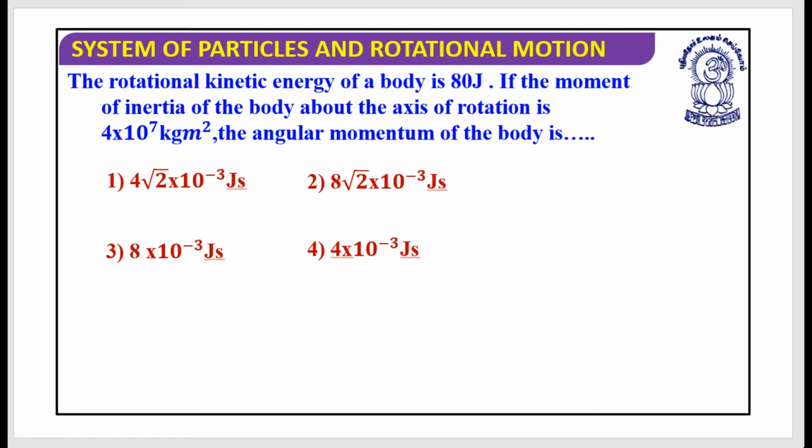It says that the rotational kinetic energy of a body is 8 joules. If the moment of inertia of the body about the axis of rotation is 4 into 10 to the power 7, find the angular momentum. With linear momentum, the kinetic energy could be written as p square by 2m, where p is the linear momentum and m is the mass of the body.